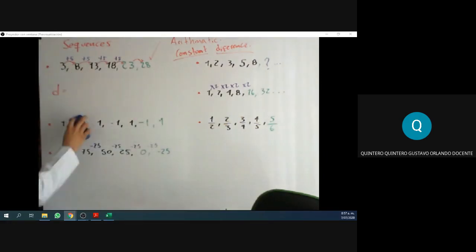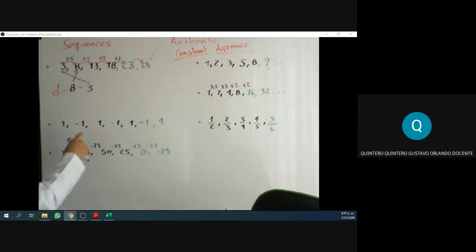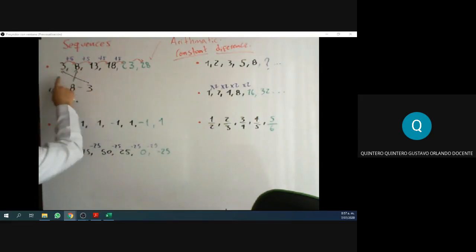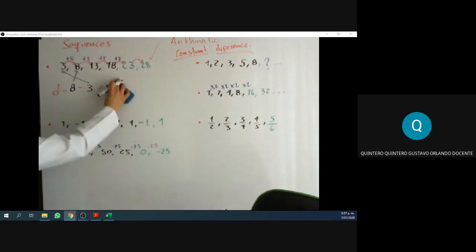All we had to do was subtract the second position, 8, minus the first position, 3. Second position minus the first position. That is the way you find differences. Subtract the second minus the first one. 8 minus 3, that is a 5, right? Which is what we knew from the beginning.